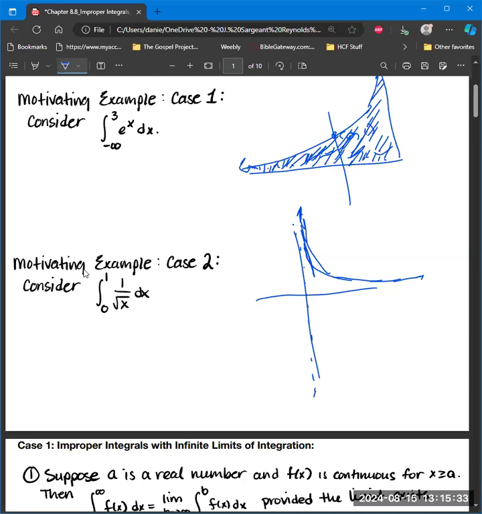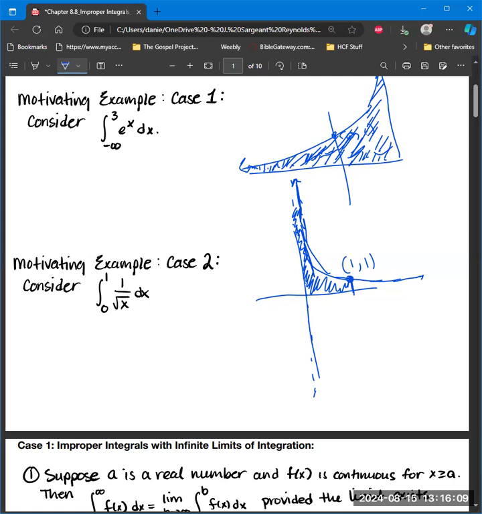We're not going to have a left-hand side to that because x is not allowed to be 0 or negative inside of that square root. So we're looking between 0 and 1. The square root of 1 is 1, so we have the point 1, 1 here. We're interested in this area, but this function blows up and goes towards positive infinity that way. So that's our example of case 2.